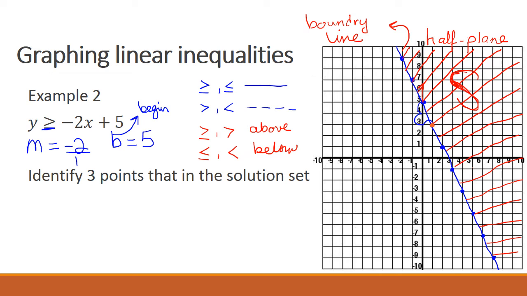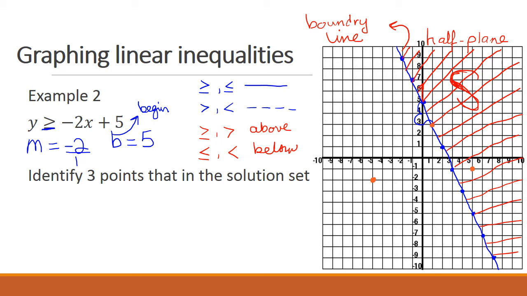And 5, negative 1 is right here, and again, this point satisfies the inequality, and it's in the half plane of the graph. Now, the last point was negative 5, negative 2, and negative 5, negative 2 is right here. This point is not on the boundary line, and it's not in the half plane.